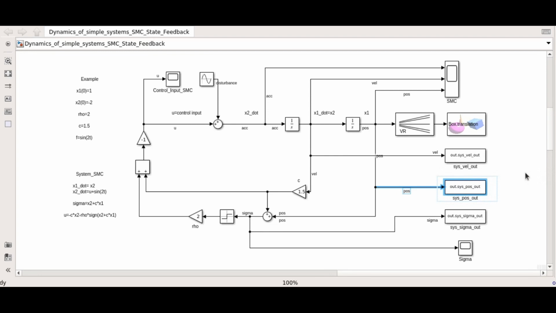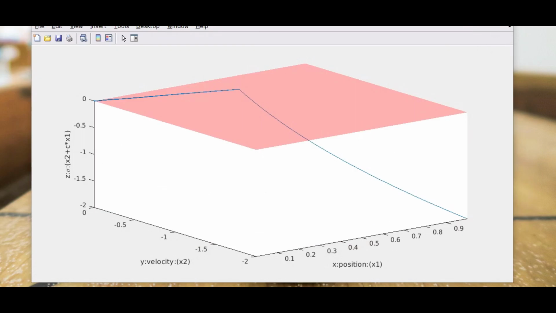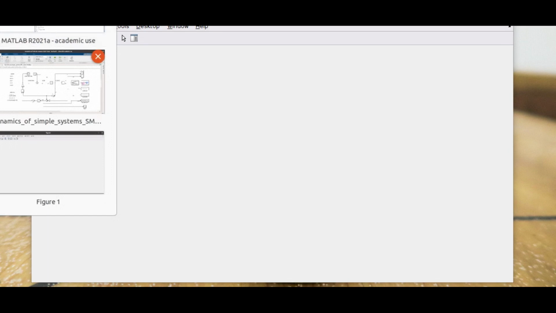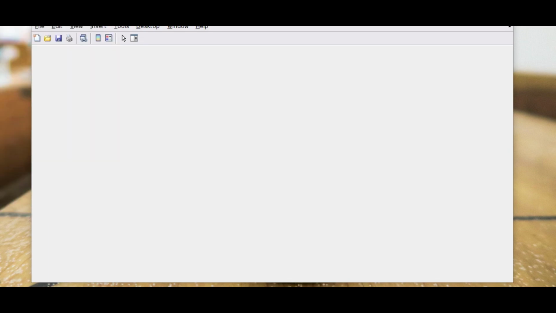Let us take a look at a very important plot. That is the plot between position, velocity and sigma. Position is on the x-axis, the velocity is on the y-axis and the sigma on the z-axis. Here I have collected those data, and as I am plotting point by point, you can see x, y and z representing each point.